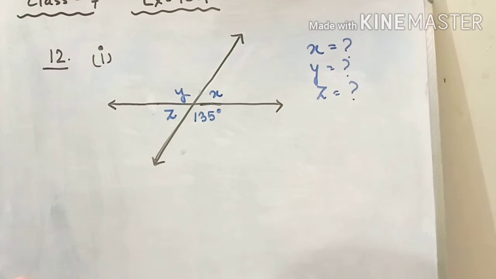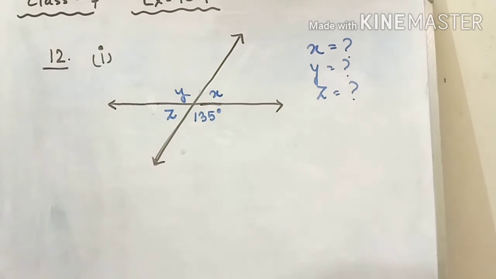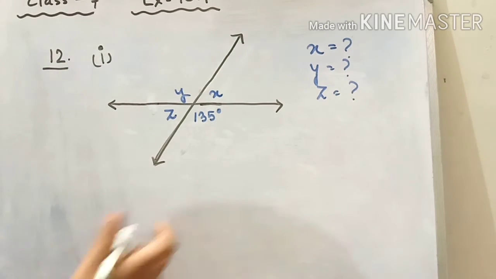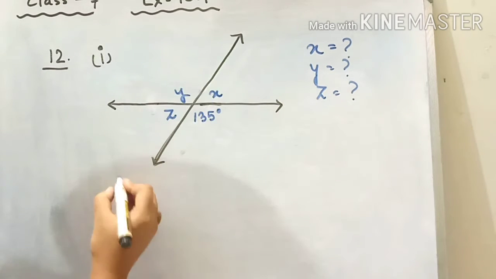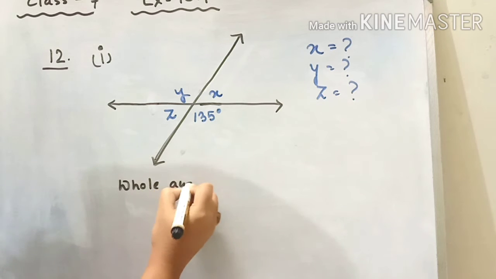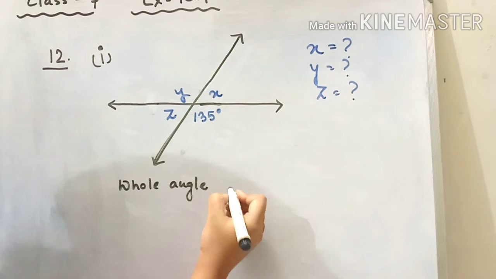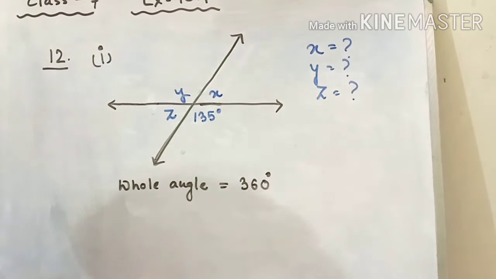Now how are we going to find this out? Other than using this kind of information in this type of sums, we cannot find all of these angles. So first of all, what we need to know is that a whole angle is equals to 360 degree, right?